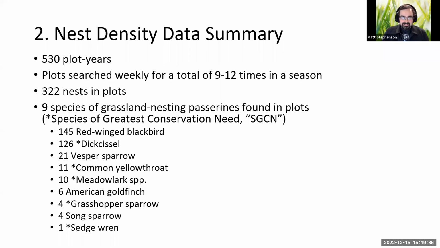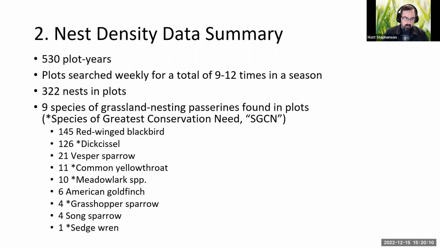For our nest density results, we searched 530 plot years. Plots were searched every week for a total of 9 to 12 times per season. And we found 322 nests in formal plot searches. 9 species of grassland nesting birds, and about half of them were red-winged blackbirds, and most of the rest were dickcissel.